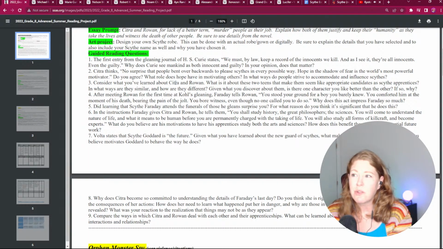And unfortunately for Rowan, Citra gets away with this Scythe experience pretty scot-free, right? Nobody comes up to her and says, why didn't you help my mom or my sister when she was gleaned? Why weren't you there?